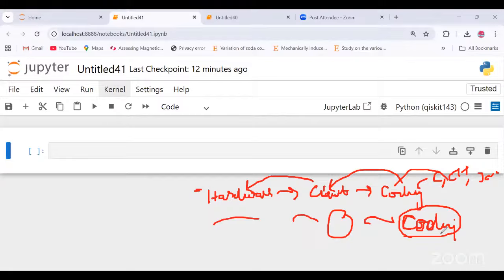So if after this workshop you are not able to run something, just check your versions and their compatibility by going to the Python site, the Python help.